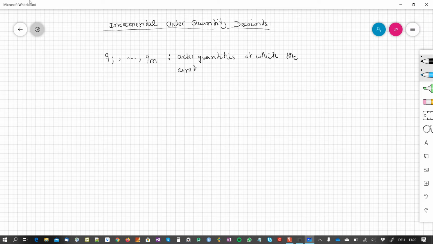So at which the unit purchasing price changes. They define the ranges where we get our discounts, and M is then the index that gives our discount levels.